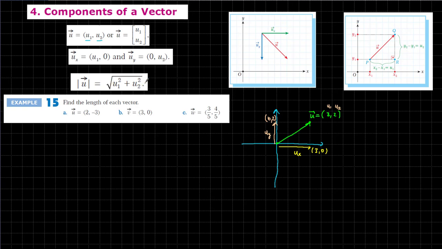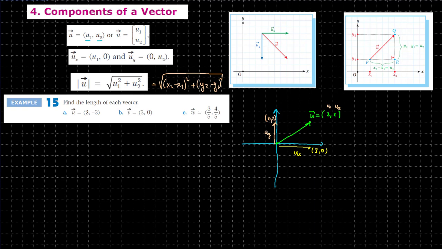And also, if it is not a position vector, by using this formula, it should be equal to the square root of x2 minus x1 square, which is u1 square here, plus y2 minus y1 square. This is the formula for position vector, and this is for the whole vectors. Okay, then we are going to solve these questions here and find the length of each vector.